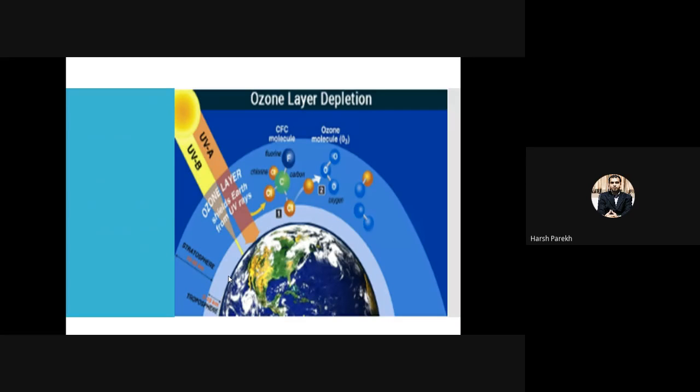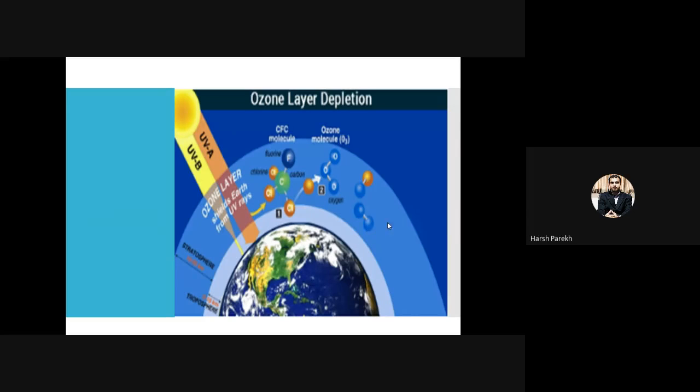Now, what happened? Here you can see the ozone molecule, O, O, and O, three oxygen atoms. Now, CFC, what is it? Chloro, fluoro and carbon. It is made of three components. Now what happens is that one chlorine atom gets connected with one oxygen atom of the ozone, which has a weaker bond.